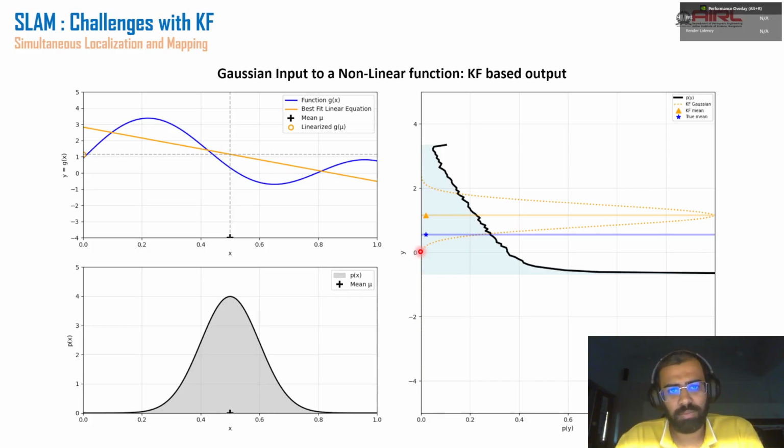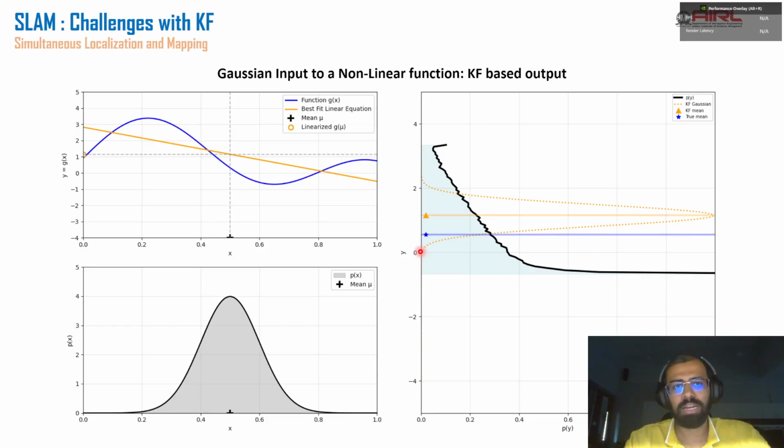Now, what happens if I pass the Gaussian distribution to a nonlinear function? The blue signal here is a g(x) function, a nonlinear function in nature. Just to give a bit of an understanding of how a Kalman filter could work on it, let's think that there is a line passing through this nonlinear function where the MSE score is minimized for all the points which exist in the g(x) function.